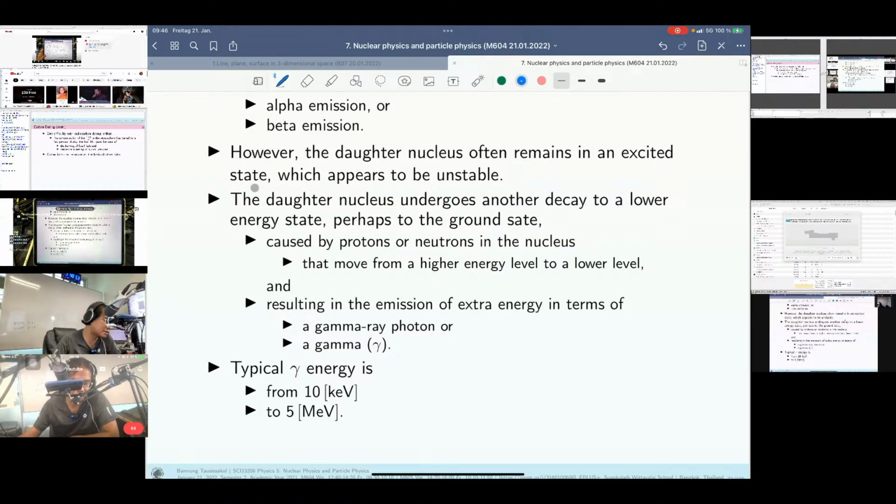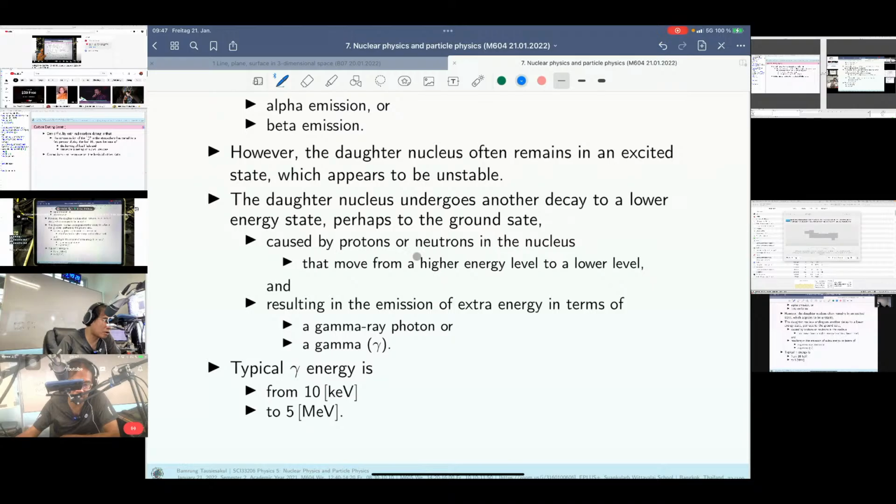Even after the alpha particle or the beta plus or beta minus particles have been emitted, sometimes the nucleus still remains in an excited state because there is still vibration caused by protons and neutrons.